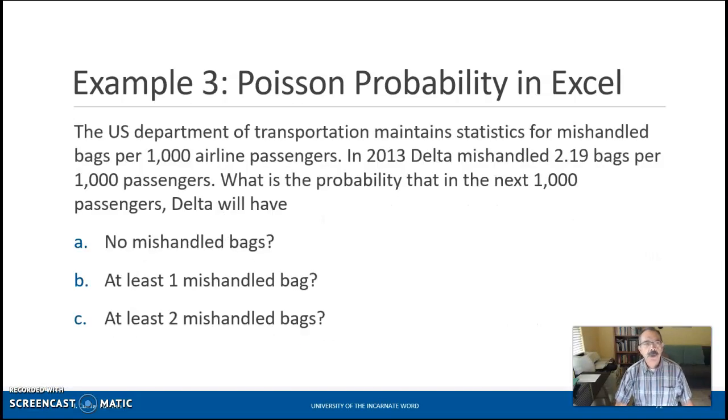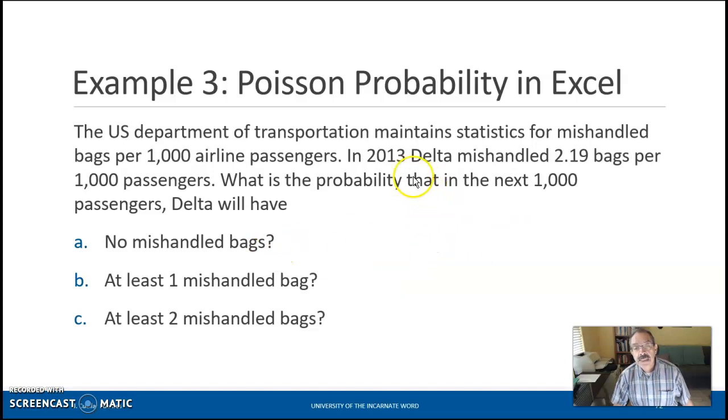All right, so this is this example. The next example I wanted to talk to you about is one where we're going to use Excel to construct a Poisson probability distribution. In this example, the U.S. Department of Transportation maintains statistics of mishandled bags per 1,000 airline passengers.